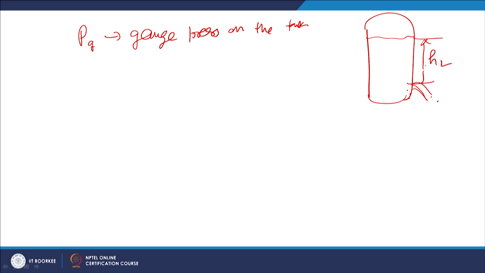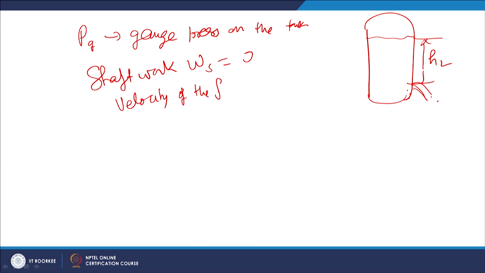This is HL. Now, external gauge pressure is equal to atmospheric pressure, the shaft work Ws is equal to 0, and the velocity of the fluid in the tank is equal to 0.